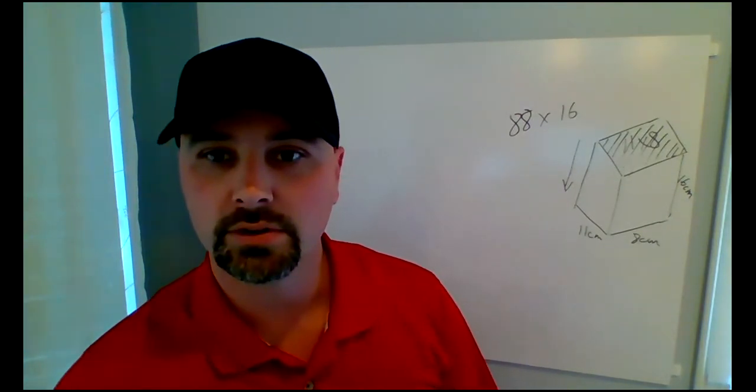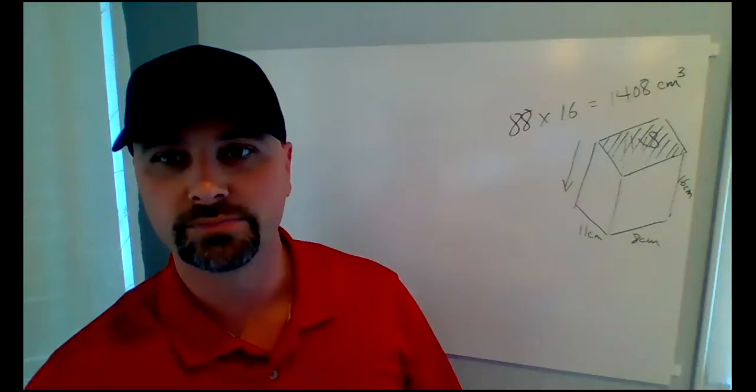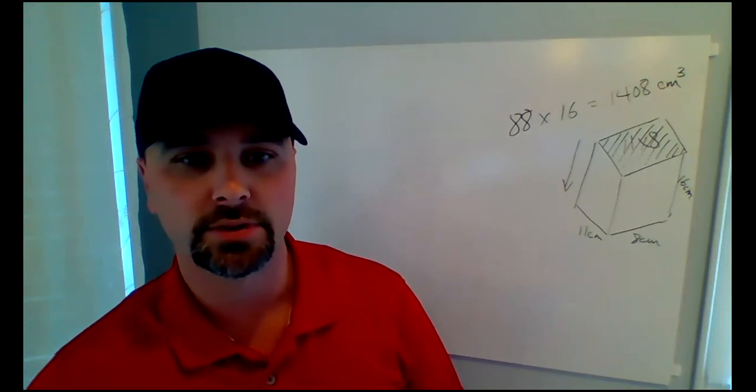Let's take a look at the calculator. 88 times 16 equals 1,408. These are listed in centimeters, so we're talking about cubic centimeters. You can write that as centimeters to the third power. Okay, that would be the volume of that box.